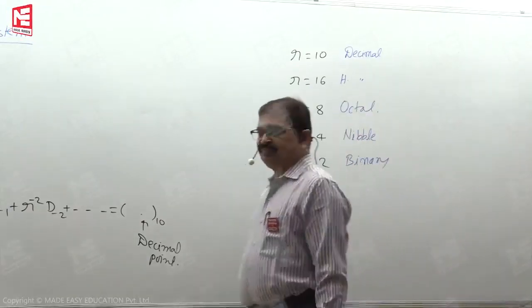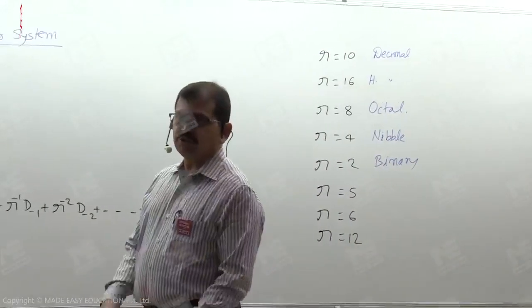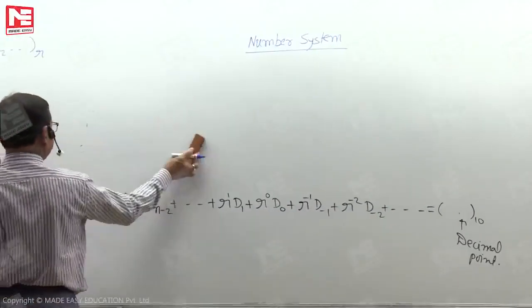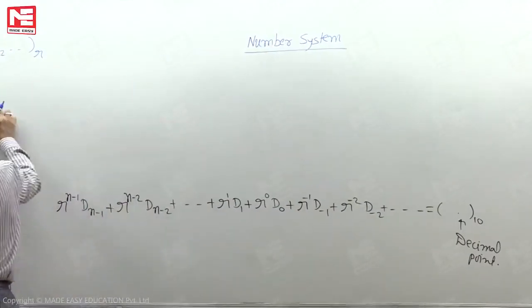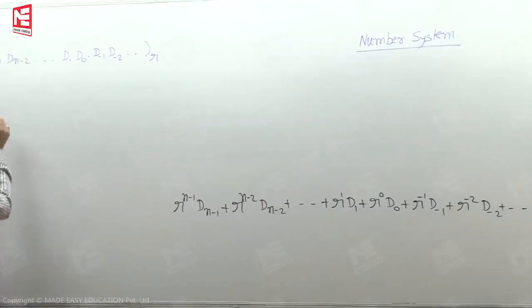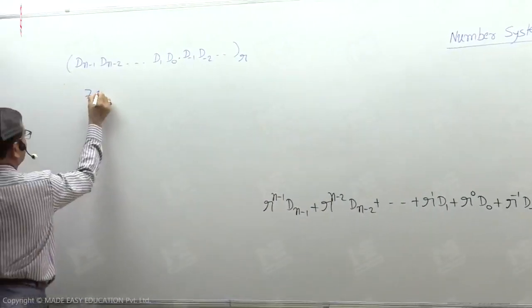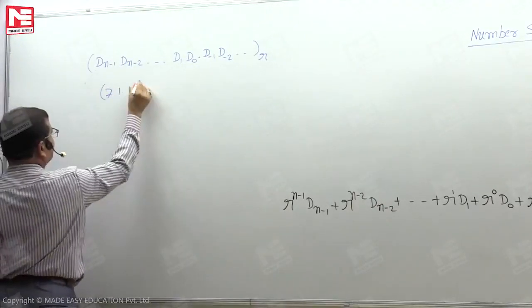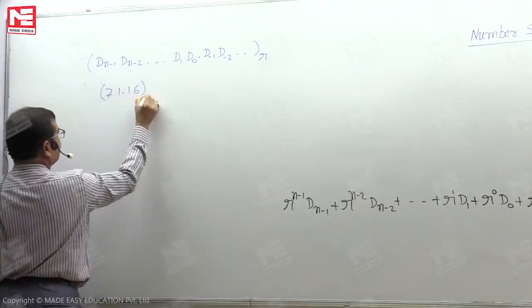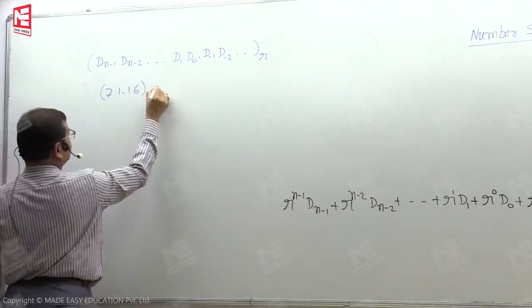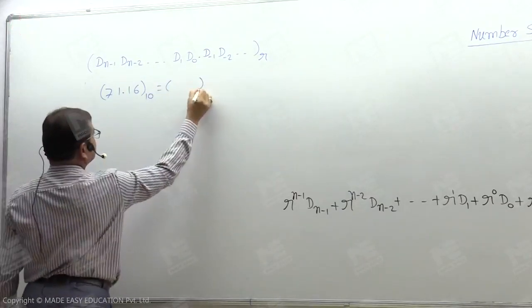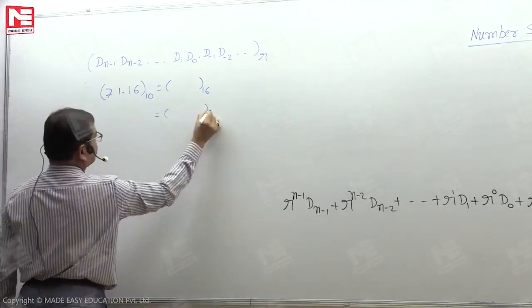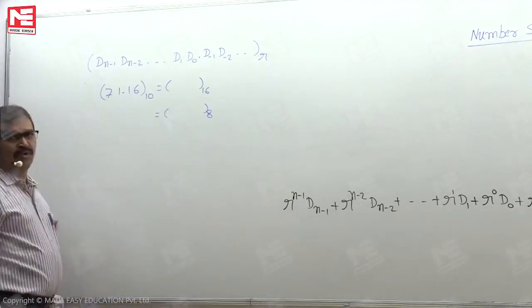Most of the times we are having questions. The questions are possible, most of the times, as while giving some decimal number, we have a question. What is its equivalent hexadecimal? What is its equivalent octal?